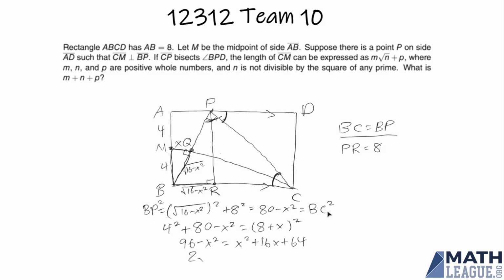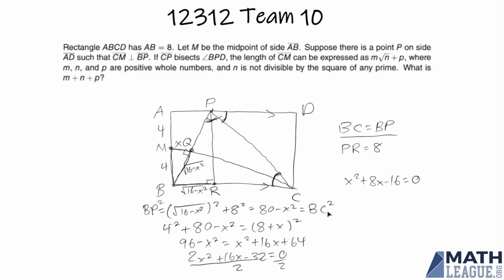And then we can move stuff to the same side. We get 16x plus 32 equals 0... then dividing both sides by 2, we get x squared plus 8x minus 16 equals 0.